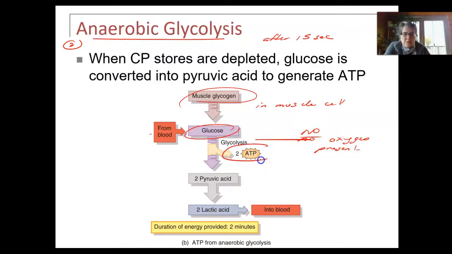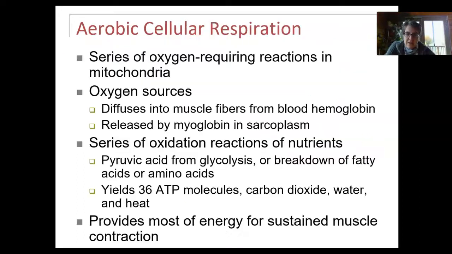You're able to make 2 ATP and 2 lactic acid. You're going to stay in that mode for about 2 minutes. We're going to come back to this one. Anaerobic glycolysis is the next source of ATP.